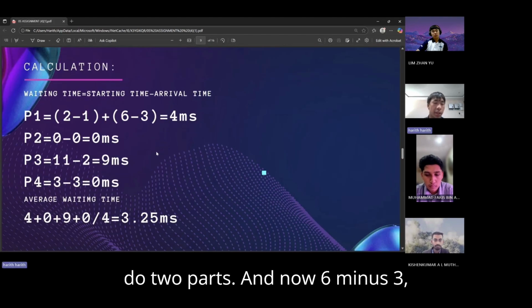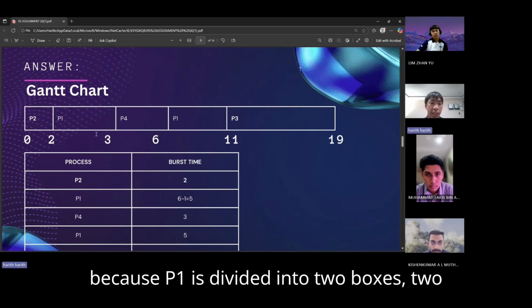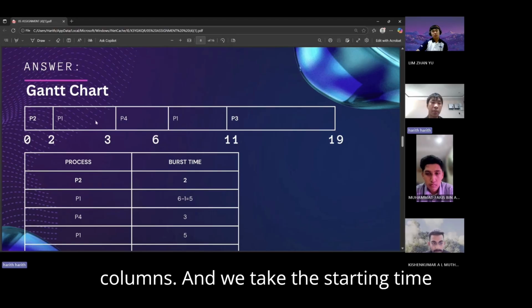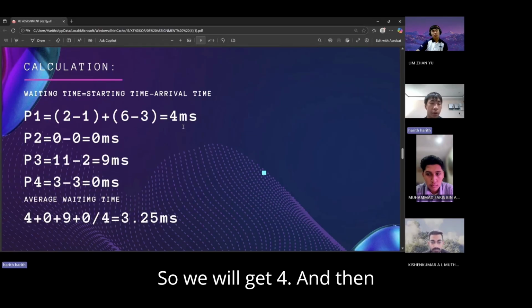We have to do 2 parts. And now 6 minus 3, because P1 is divided into 2 boxes, 2 columns. We take the starting time of P1 here, 6, and then we minus 3. So we will get 4.